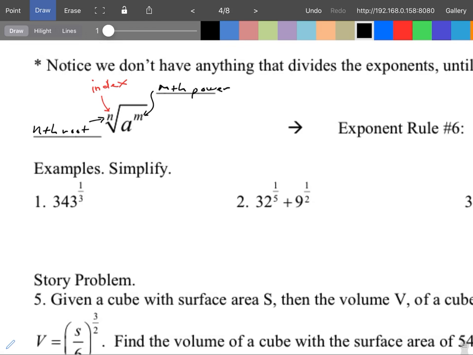All right. Now there is another way to write this in radical form, and I actually prefer this way. So the other way that you write this is you write, well, the a stays inside the radical. And the n is still the index.